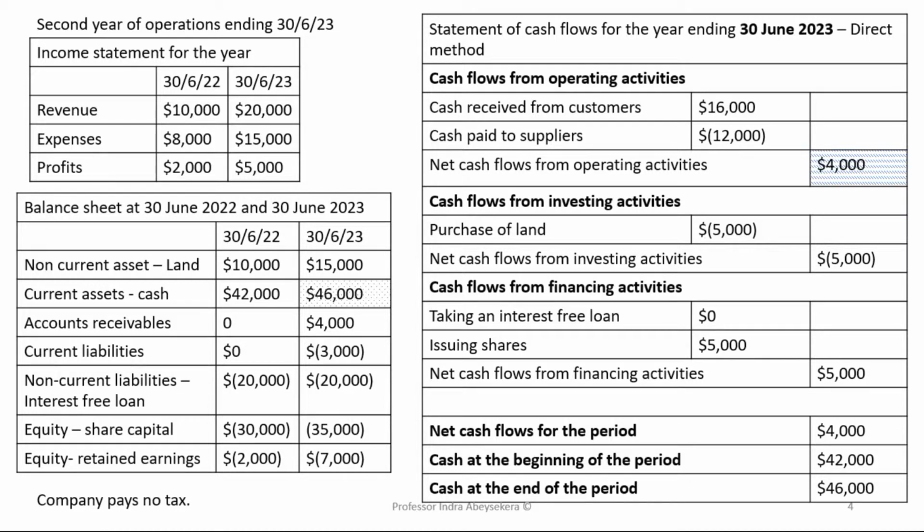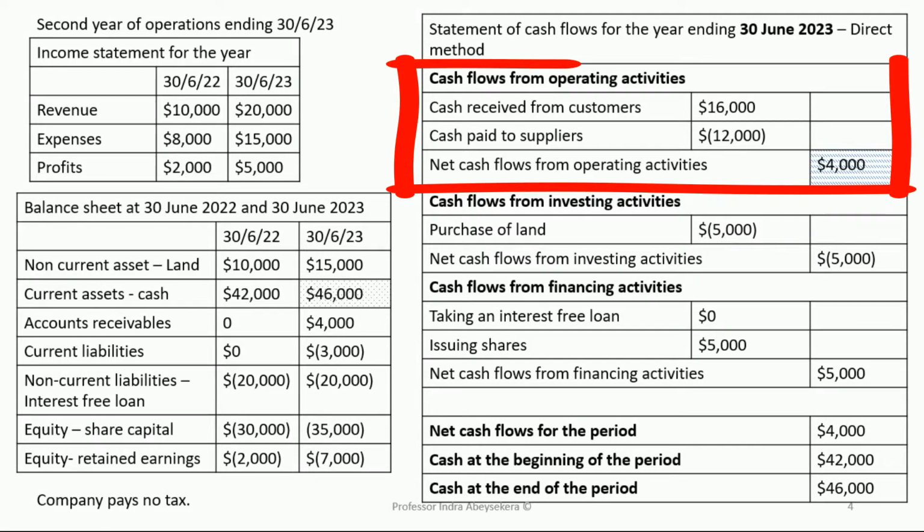And cash paid to suppliers: we're supposed to pay 15,000 worth of cash, but we did not pay 3,000, which means cash paid to suppliers equals 15,000 less 3,000, and that's 12,000. Net cash flows from operating activities therefore equals 16,000 less 12,000, and that equals 4,000.